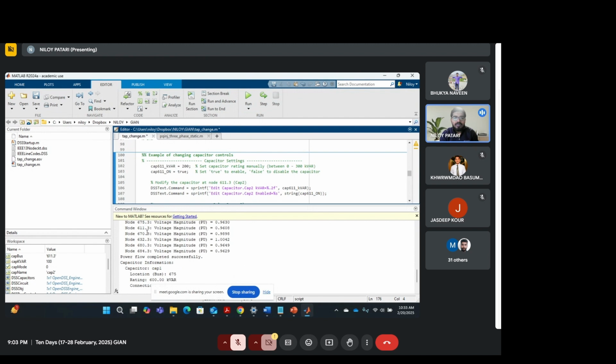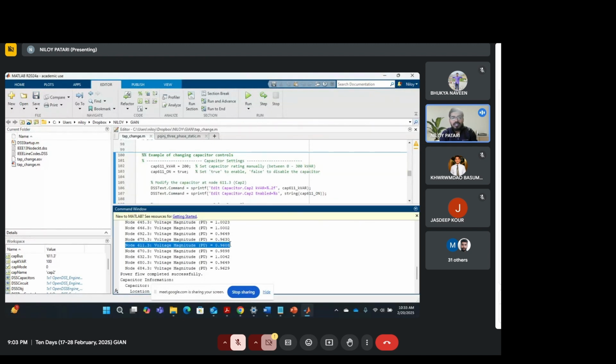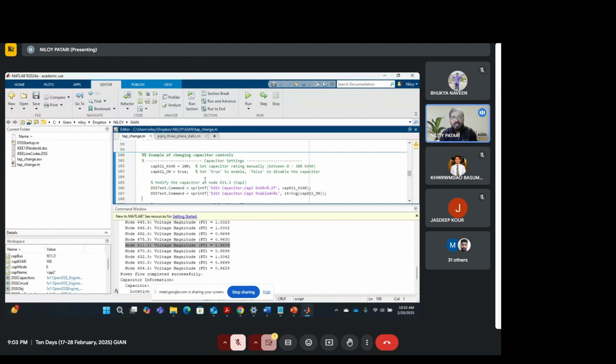At 611.3, there is no phase B in 611. There is no phase A in 611. So there is only phase C. In phase C, the node voltage is 0.9608, right? Now, if I increase this capacitor from 100 kVA to 200 kVA, then it is injecting more reactive power, right? So the voltage should be boosting.